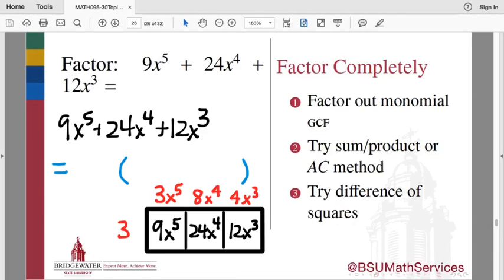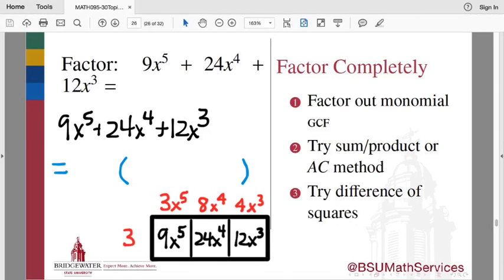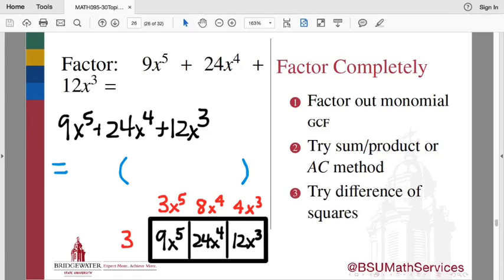Right? And this little factoring grid is a nifty bookkeeping way to keep track of what looks like in algebra the following factorization. It looks like bringing out a 3 outside of our parentheses and leaving on the inside of the parentheses the cofactor 3x to the 5th plus 8x to the 4th plus 12x to the 3rd.